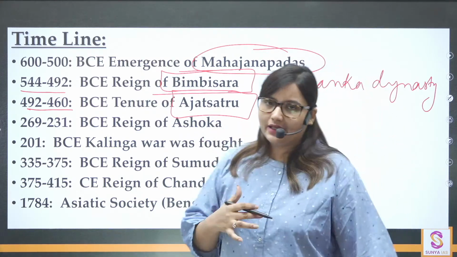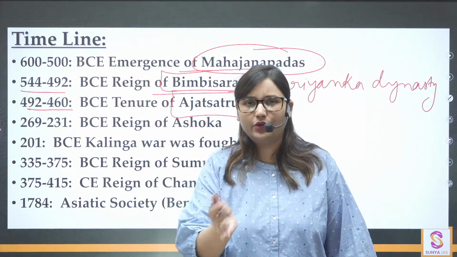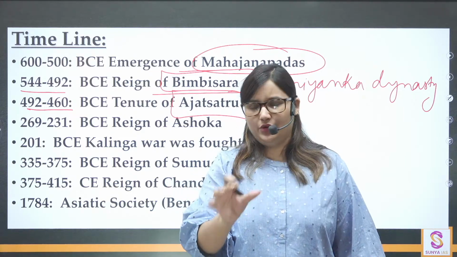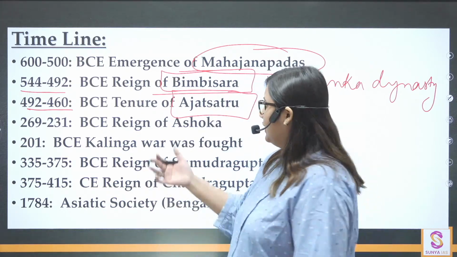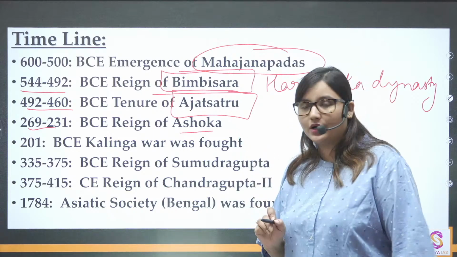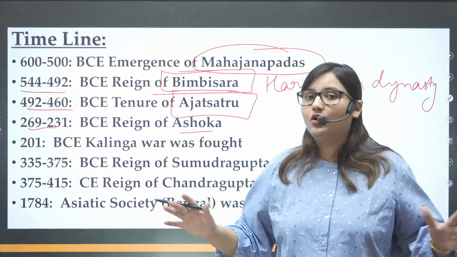Then Udayin came, the Shishunag dynasty was also there, the Nanda dynasty also came, which I will tell you and dictate to you. Not very important for the exam, but I'll dictate in short, just to keep a chronology and sequence. Then in 269 to 231 BC, we saw the reign of Ashoka, which is a big reign. He ruled for a very long period.